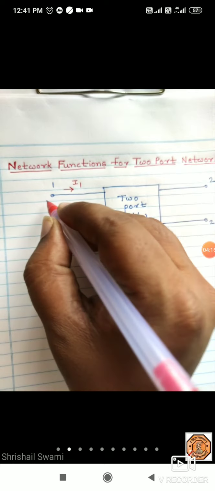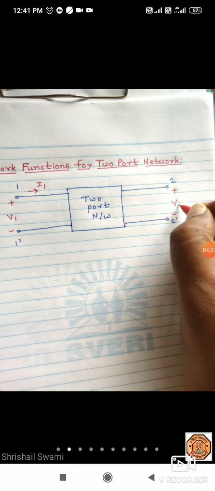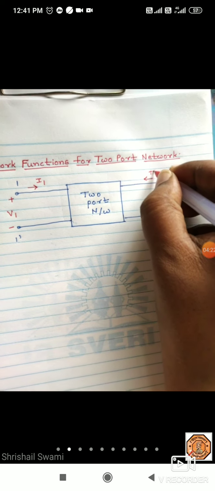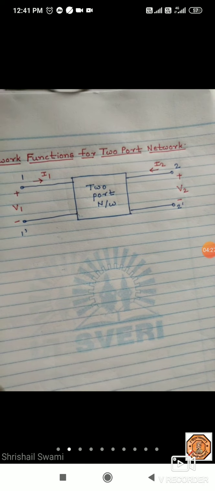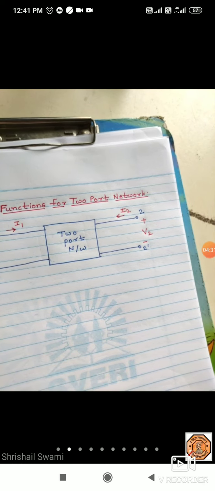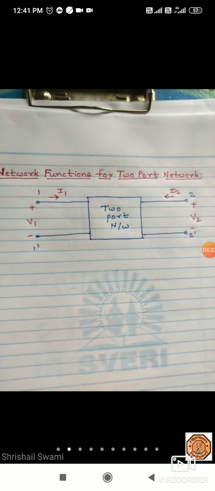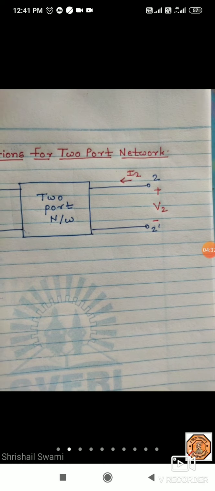This is I1, this is plus minus V1, this is plus minus V2, and this is current I2. First of all, we will start with impedance, that is the driving point impedance at port 1 dash and the driving point impedance at port 2 dash.